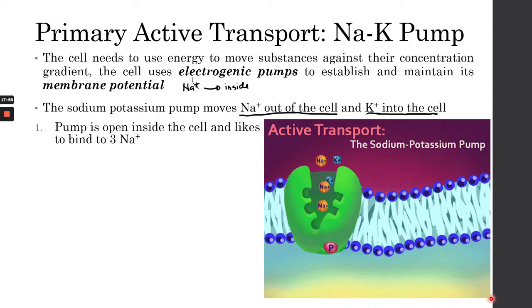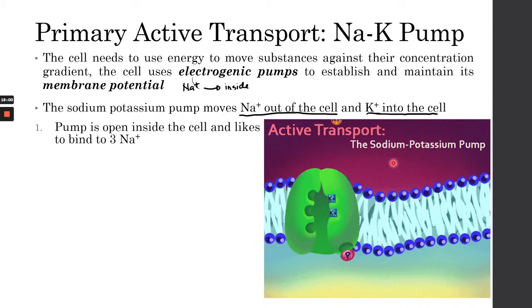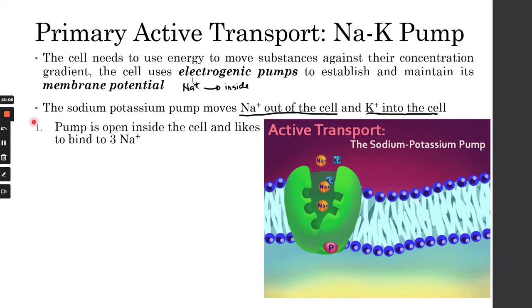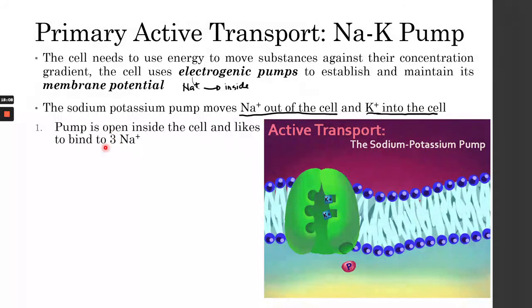This is the ICF, this is the cytosol, this is the extracellular fluid. Kapag nakaganito siyang orientation, it has a high affinity to sodium. So it means the sodium would bind to the pump. And also, in this configuration, ATP will also bind doon sa ating sodium potassium pump.